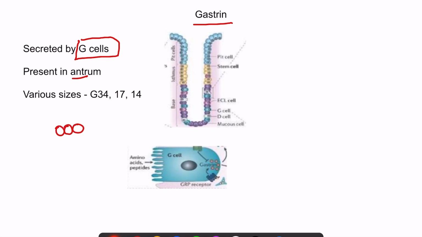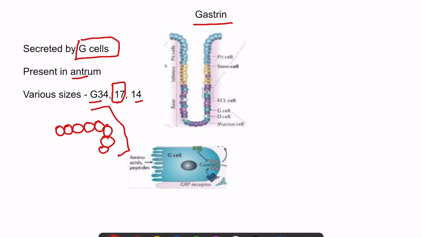So they are like this, a lot of amino acids are there, and the number of amino acids decides the size of the polypeptide. So we have G34, G17, G14. For the function of the release of gastric acid, it is the G17 which is most important.